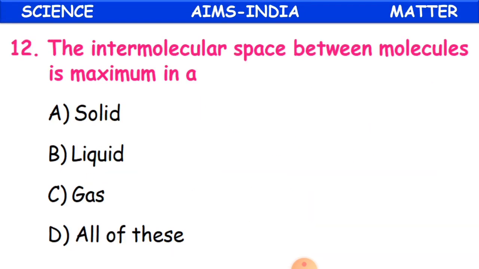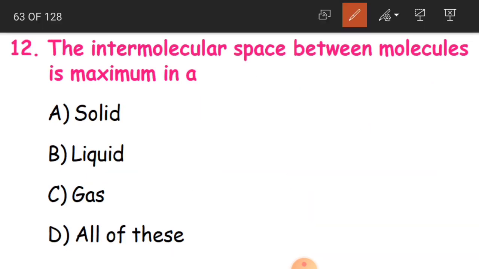Clear? Now, the 12th question, children. The intermolecular space between molecules is maximum in a. So, intermolecular space is the space between two molecules. It is maximum, it is very much.